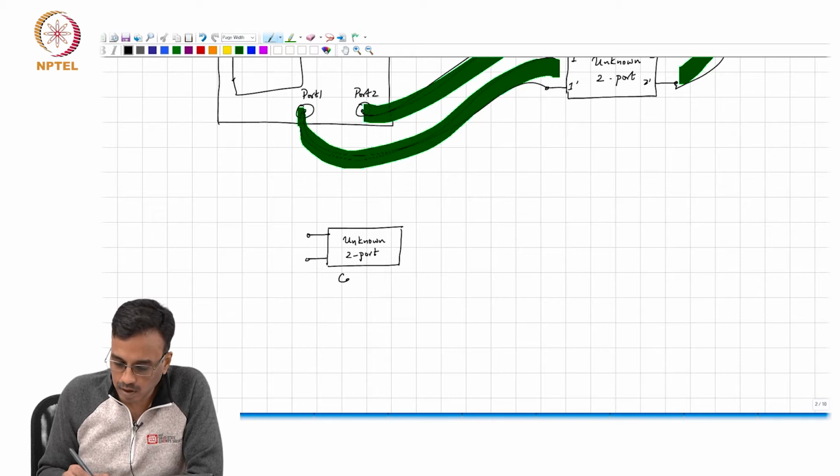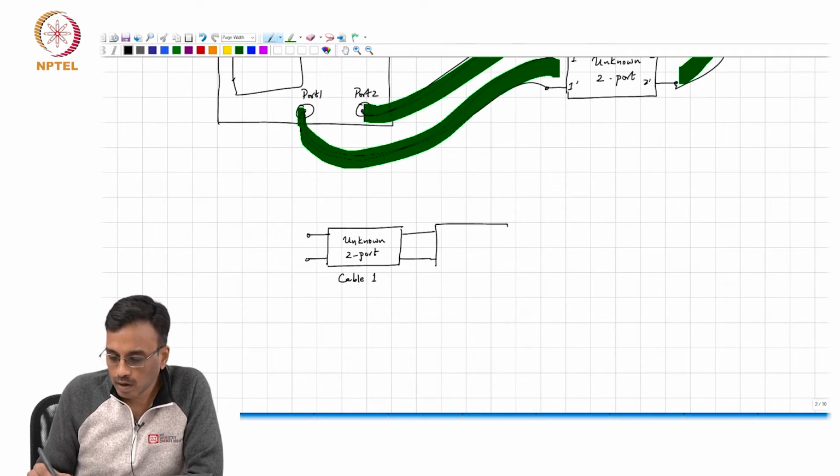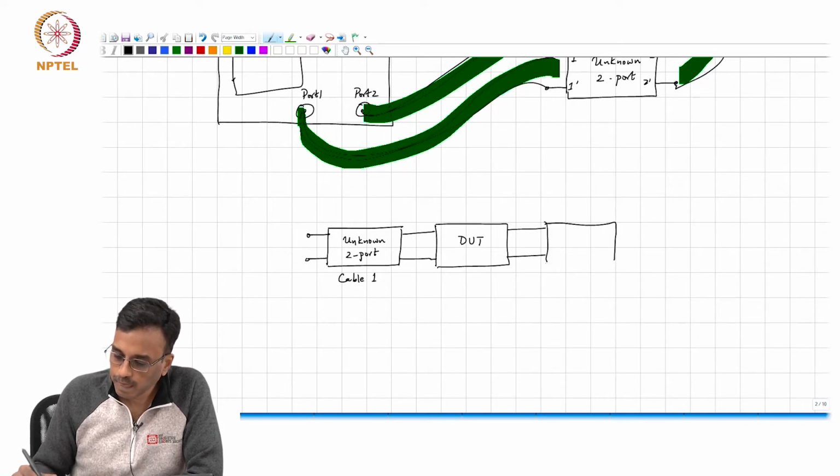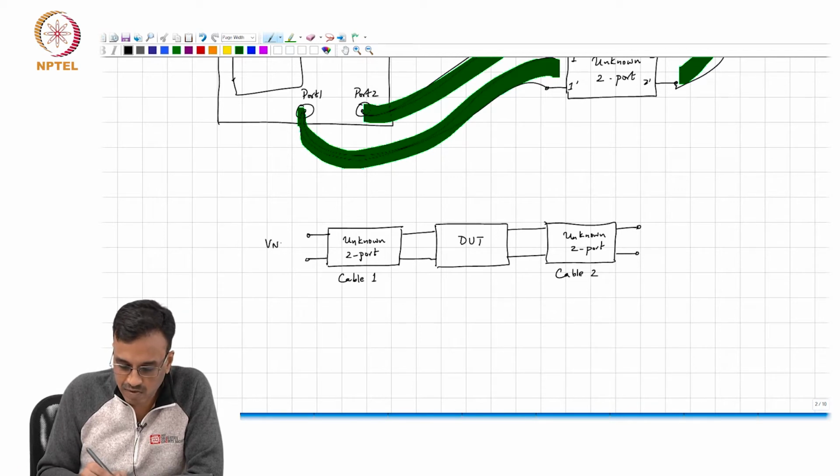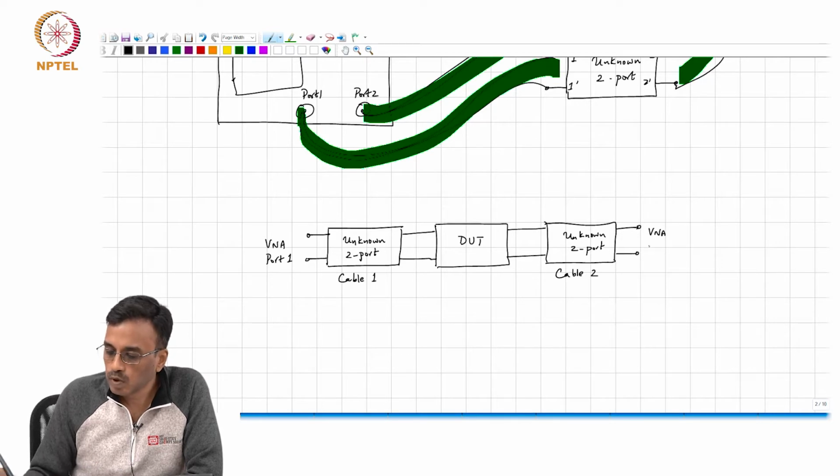This is cable 1, and then this is the device under test, the unknown two port, and this is cable 2, and this is VNA port 1, this is VNA port 2.